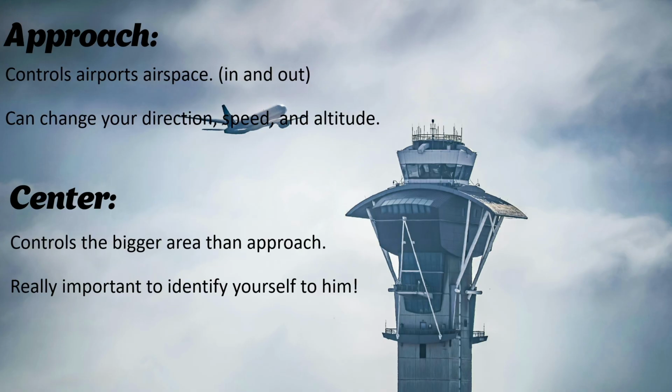For example, center might cover the whole of Germany, the whole of Spain, and a bit of France. It's really important to identify yourself to them, because there are a lot of planes flying around you. So center ATC has to do everything to make your flight safe.